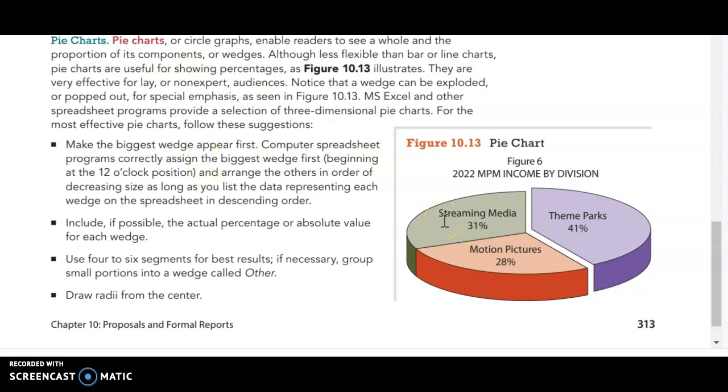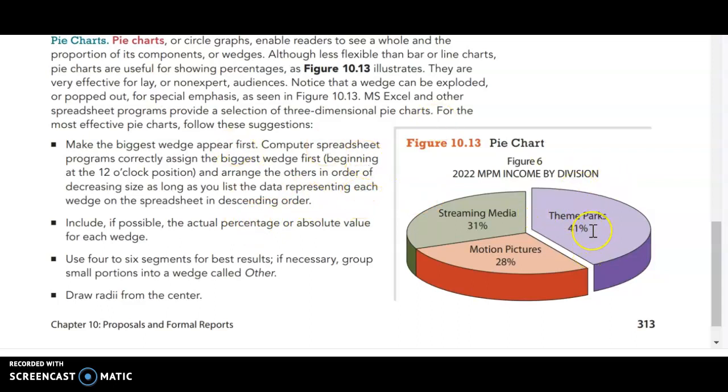The first thing you want to do is make the biggest wedge appear first. And the way you're going to think of this is a clock. So here's 12 a.m. You're going to start there. And if you use a computer spreadsheet program, it's going to automatically assign the biggest wedge first.